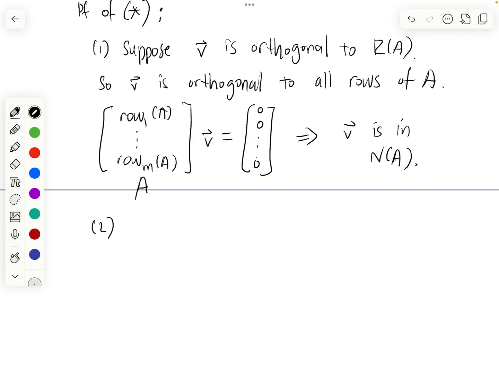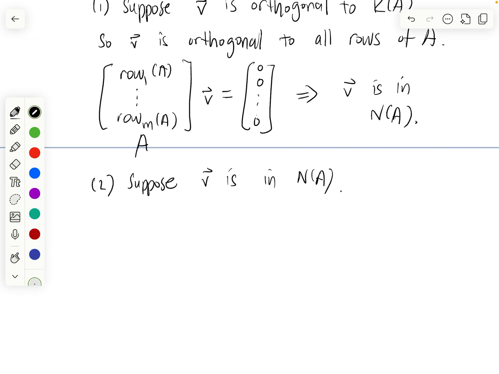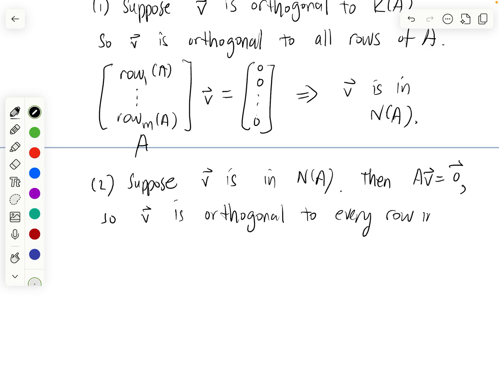Then the second thing we have to show is, suppose that V is in the null space of A. Well, that means that A times V is the 0 vector, so V must be orthogonal to the rows of A. Now, can you see why, if you have a vector that's orthogonal to every row in A, it has to be orthogonal to every vector in the row space of A?